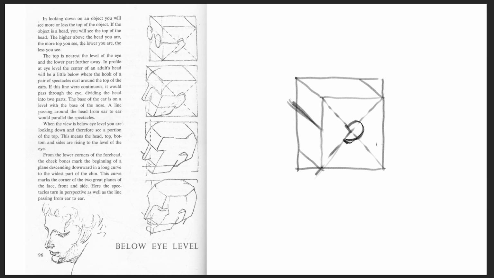But more importantly, it's this line here that traverses from one side of the head to the other side of the head that he's more interested in finding. The center line and then the extrusion of the nose, where we don't see under the nose in this case, we see the side plane of the nose. And then extending the jaw back down the 3/4 edge and the brow overhang.